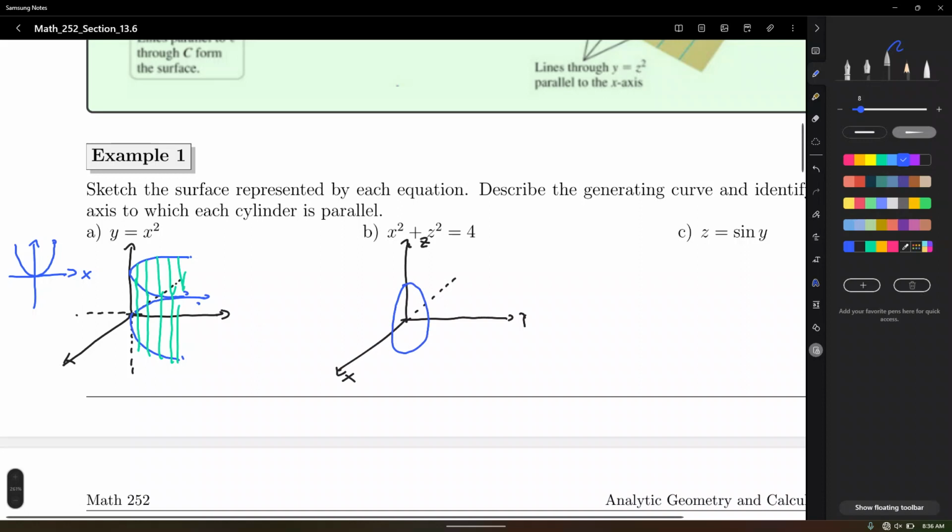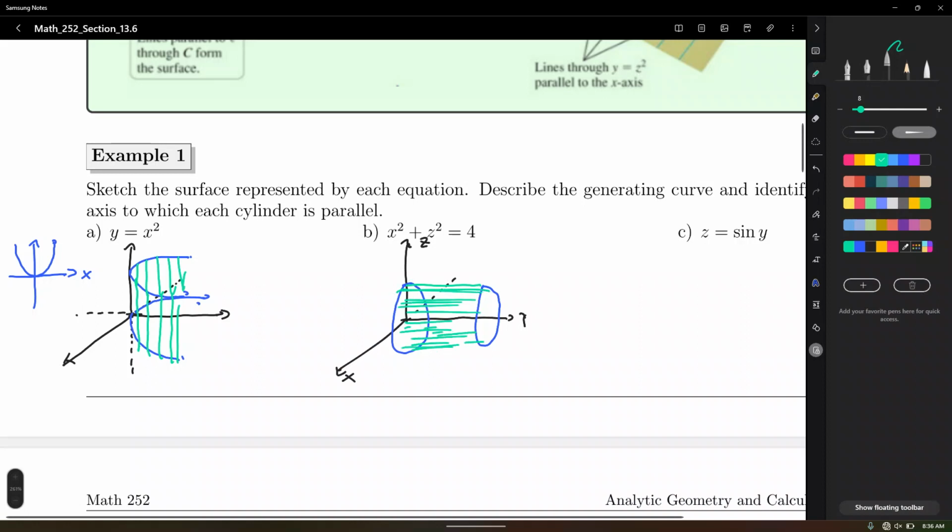Notice the missing variable this time is y, isn't it? So that means I'm going to draw another circle at another point on the y-axis. That means this circle right here. So this is going to give us the following.